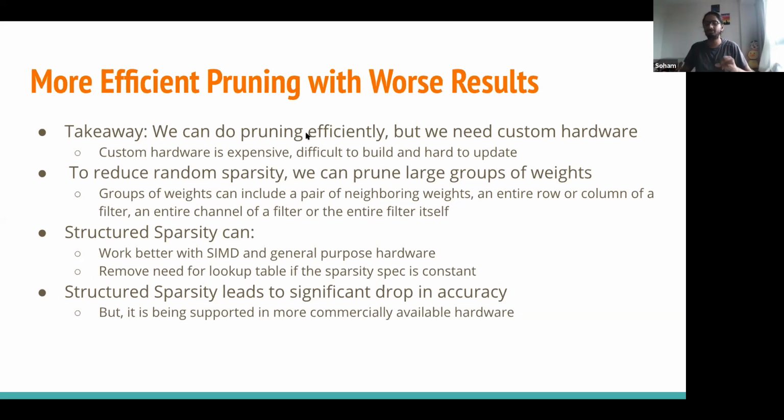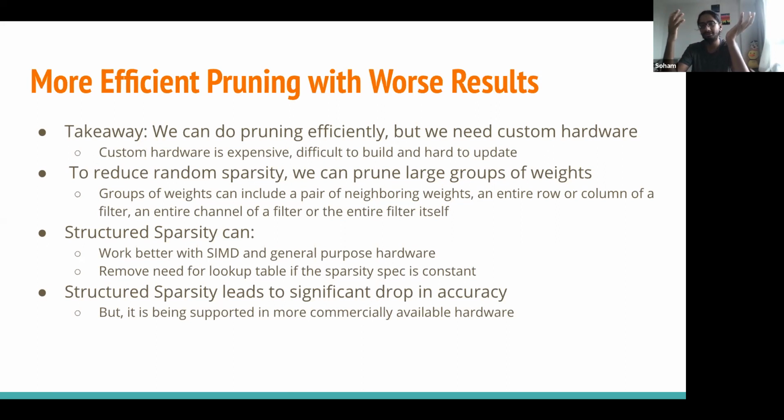So using custom hardware is not the best way to go ahead. It's also like putting a band-aid on a bullet hole. What people are doing now is something called structured sparsity.